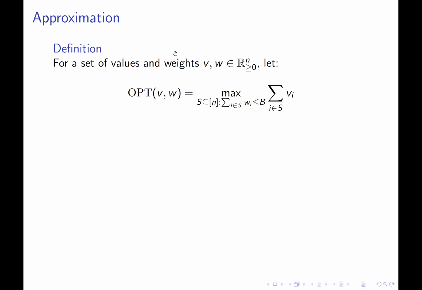Our benchmark, which we'll call opt of v and w, is the social welfare maximizing solution amongst all feasible solutions for that instance. It's the maximum over all subsets of bidders whose cumulative size is at most our budget of the sum of the valuations of those bidders.